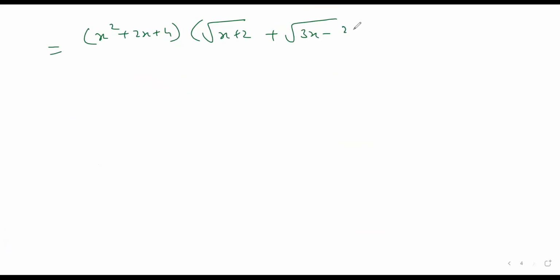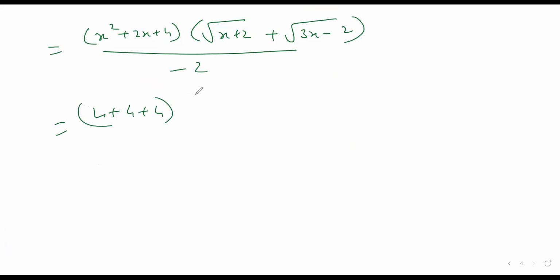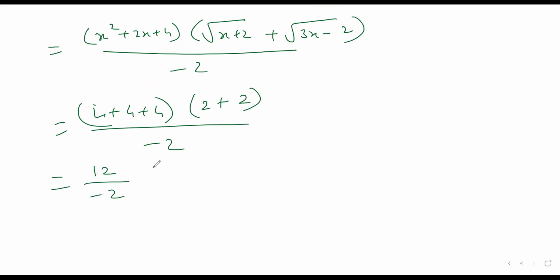minus 2, whole thing upon minus 2. Now if I put x is equal to 2, 2 square is 4 plus 4 plus 4, root 4 is 2, so 2 plus 6 minus 2, root 4 is 2, whole thing upon minus 2. 4 plus 4 plus 4 is 12 upon minus 2 into 4 minus 6 into 4.